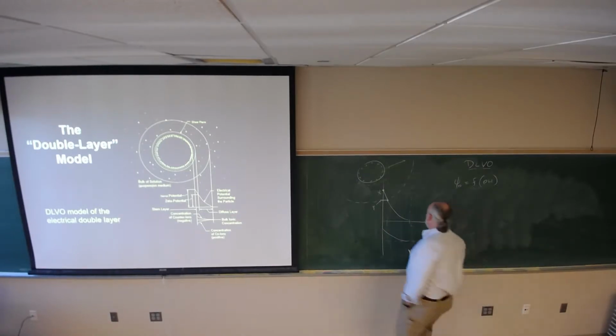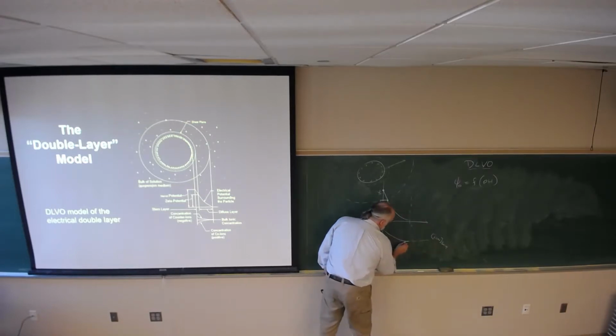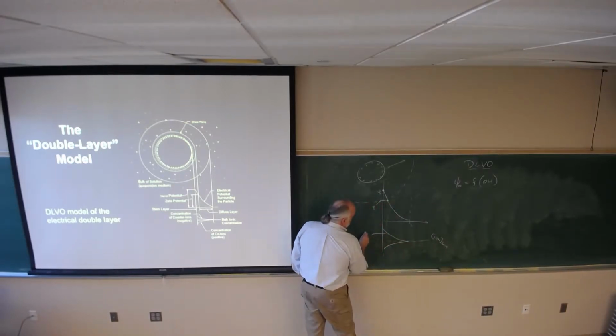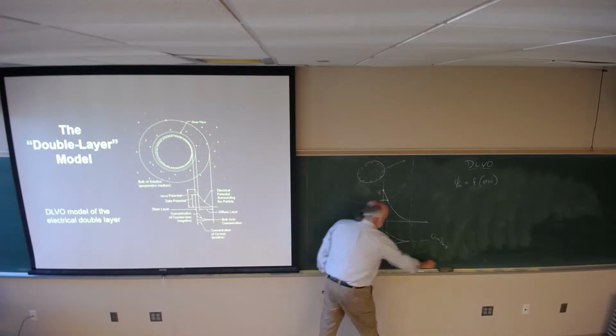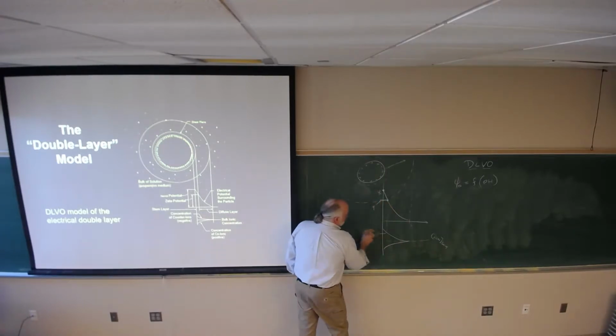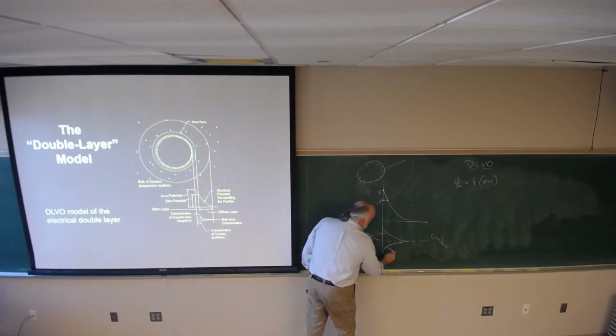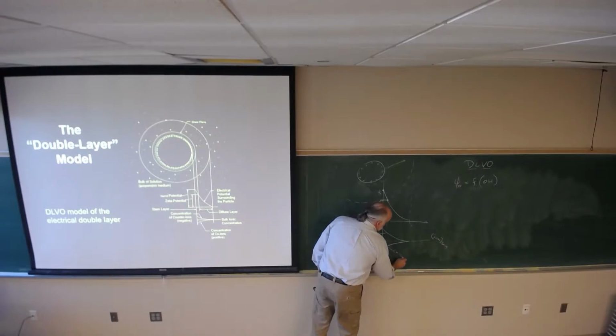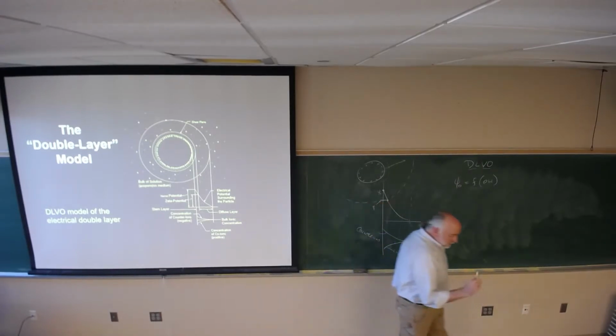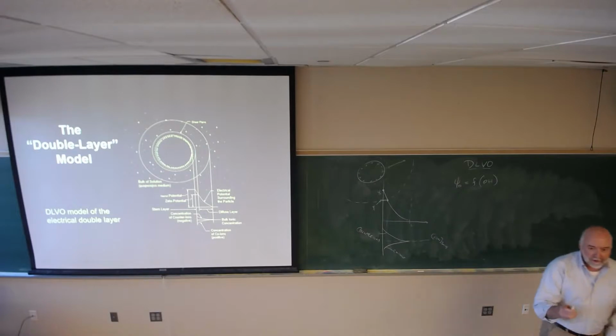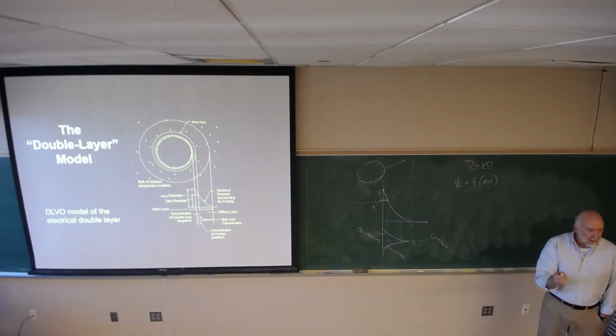Ions that are opposite to the particle surface get pulled in. These are counter ions, and we make this designation in this way. And these are coions. The reason to call them counter ions and coions is because we don't actually care what the sign is.